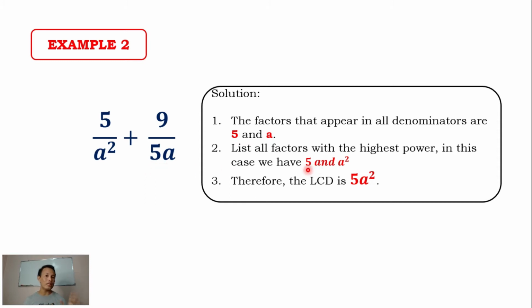We do not list down the 1 because it is considered a default factor. The other factor is a squared because it has the highest power, which is 2. We do not list down the a. Therefore, the LCD for this example is 5a squared. The least common denominator between a squared and 5a is of course 5a squared.